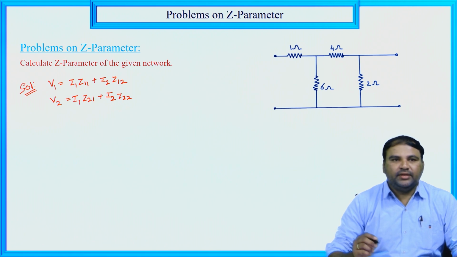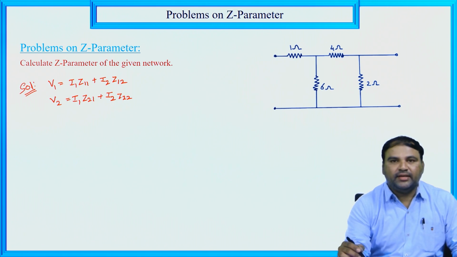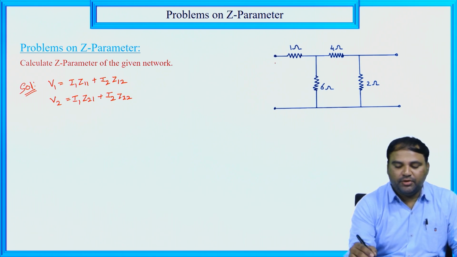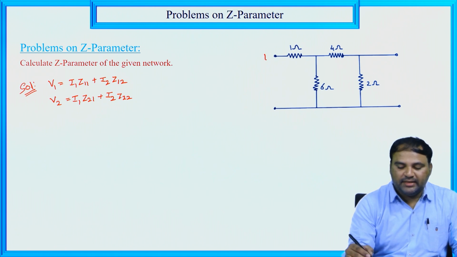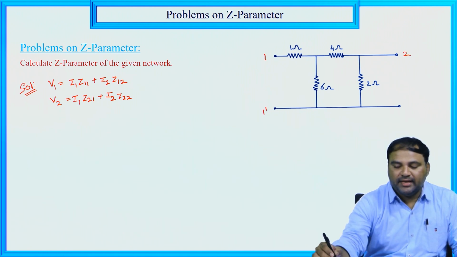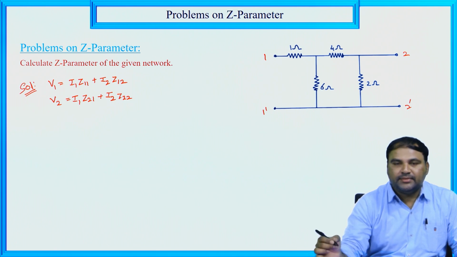Here we have the circuit. Now we have to represent the input current, input voltage, output current and output voltage. Here is the first port, which I am representing as 1 and 1 dash, and here is the second port, which I am representing as 2 and 2 dash.